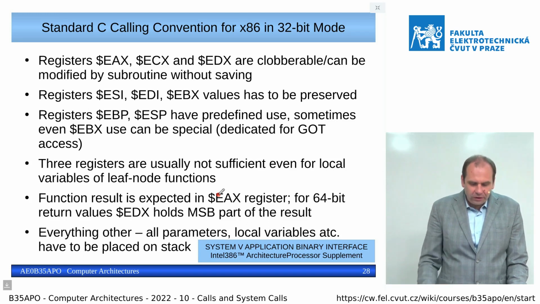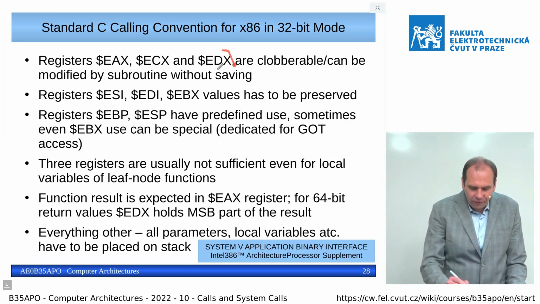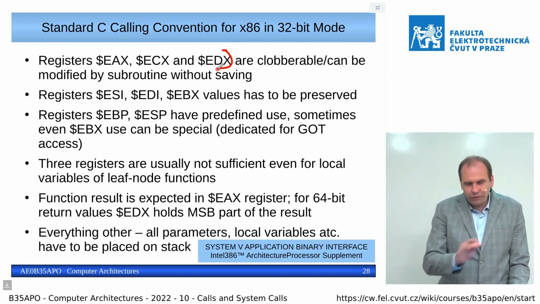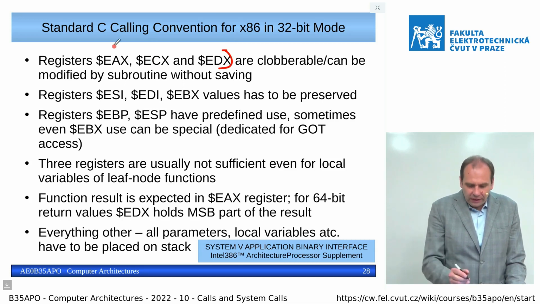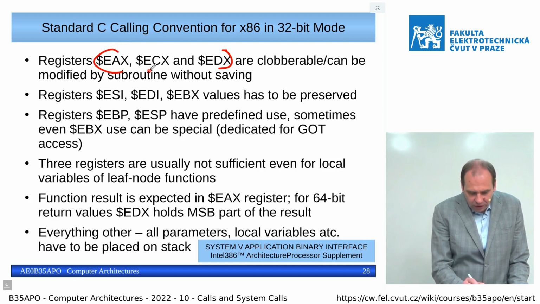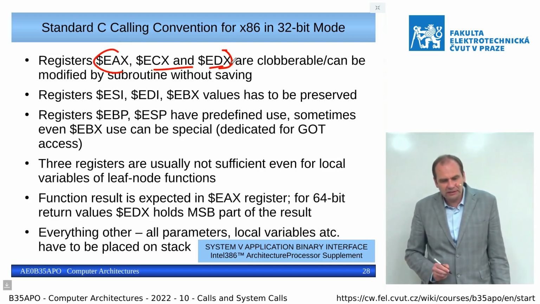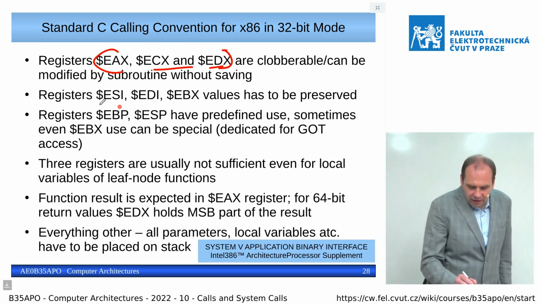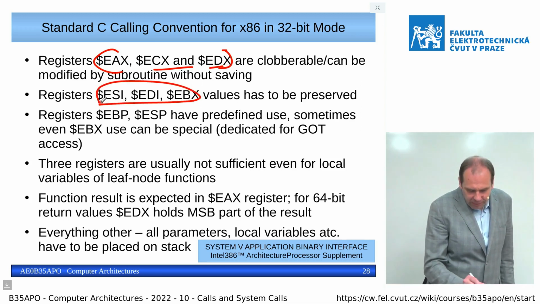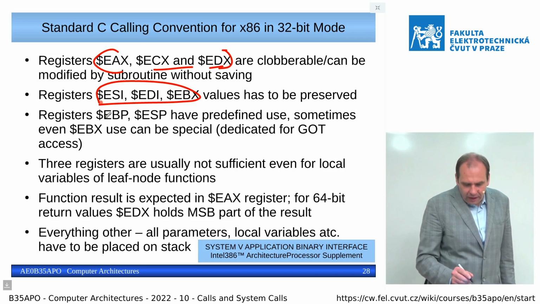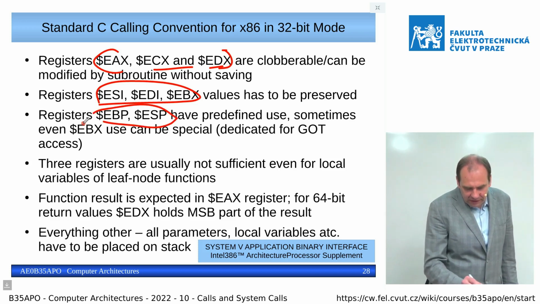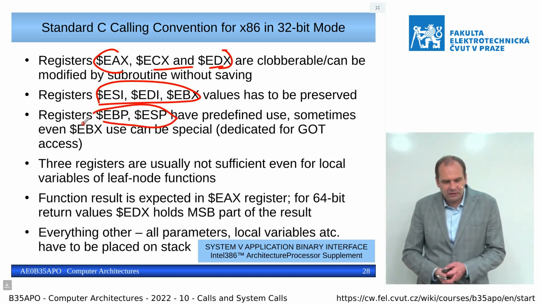Anyway, for the x86, it is defined for the Unix calling convention, not for this Babylon of Windows, that those 3 registers are clobberable: EAX, ECX, EDX. Those other registers preserve the value, and EBP, ESP are predefined.